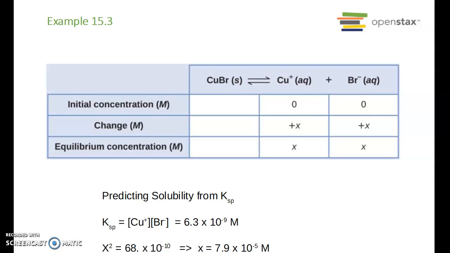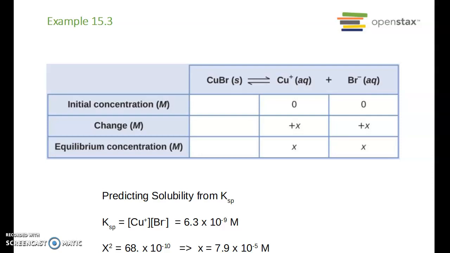You have the Ksp, which in this example, given in your book, is 6.3 times 10 to the minus 9th. Since you have concentrations of copper ion and bromide ion, that would be essentially the one times the other, or x squared, is going to equal that, which should be 63 times 10 to the minus 10th. I mistyped that.